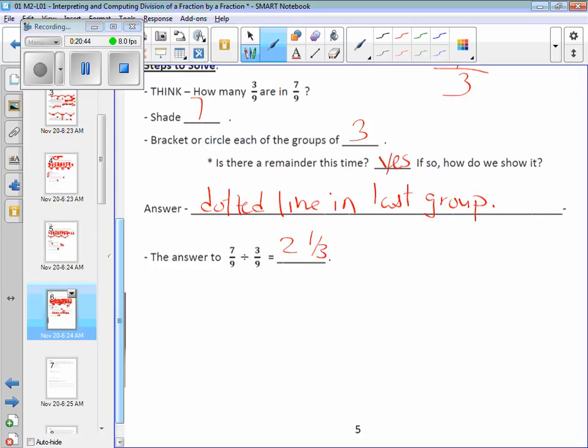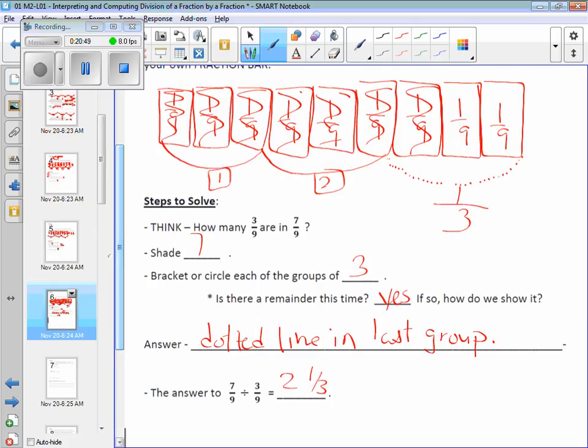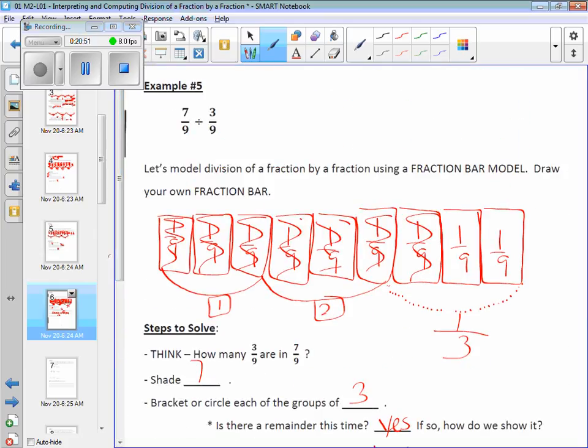Now here's something that's interesting. What was the rule that I told you, that if the denominators are the same, what could you do to get the answer without having to do the model? What's the shortcut again? Luke? Let's just see if it works because we're curious. 3 into 7. 3 goes into 7 how many times?